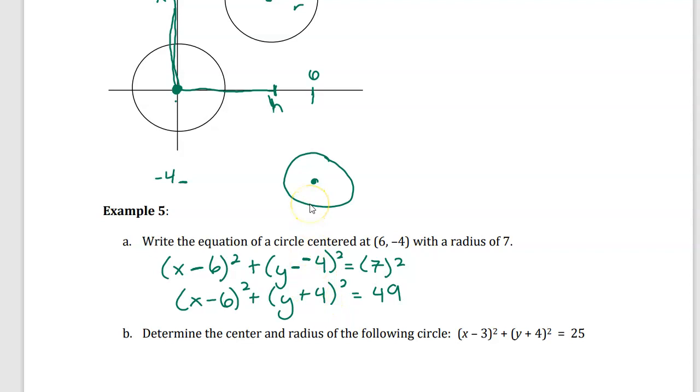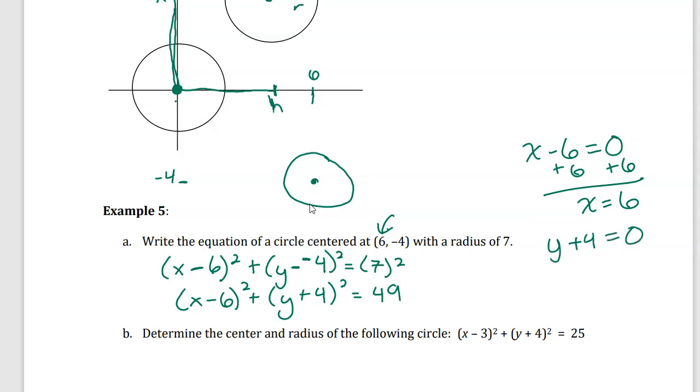But think about it. If I take x minus 6 and I set it equal to 0, because that's where the origin is, and I solve that, I add 6 to both sides, I get a positive 6. Okay, which is where that value is. If I look at y plus 4 equal to 0, the origin, and I subtract 4, y is equal to a negative 4. So think about doing it backwards.